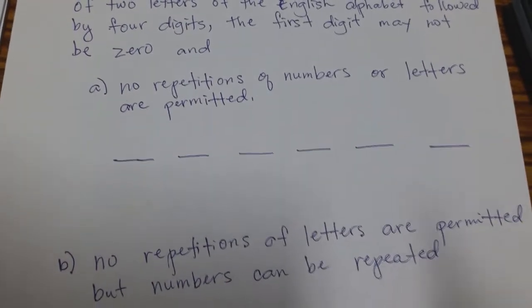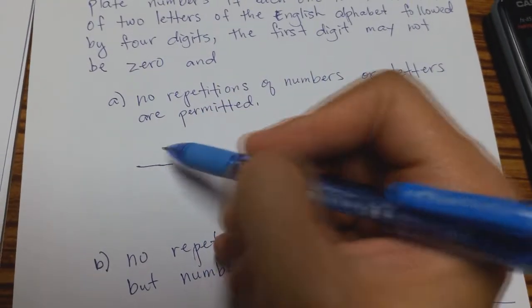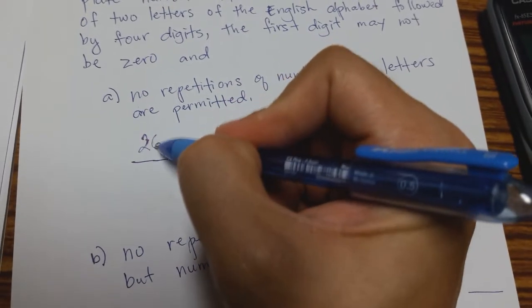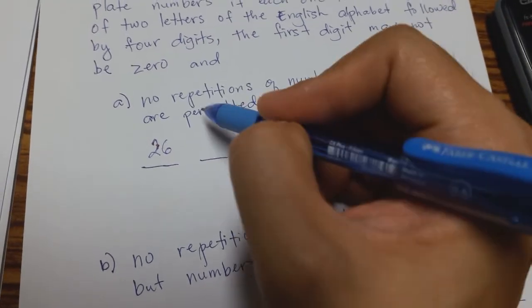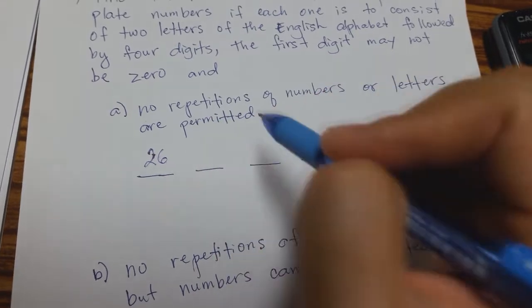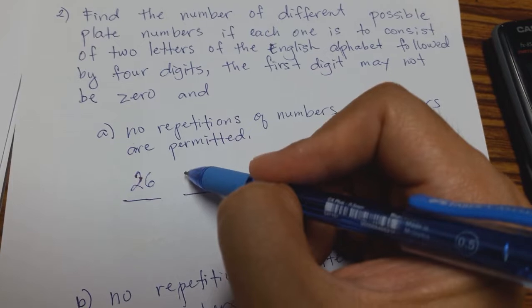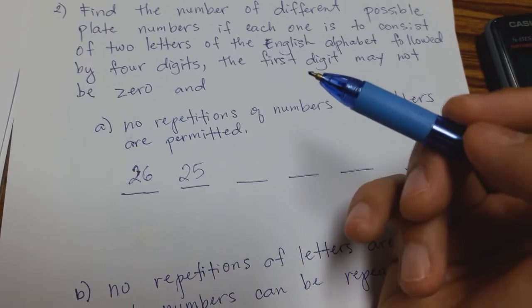Okay, so let us now solve the problem. No repetitions of numbers or letters are permitted. So again, at the first line, we have 26 options because we have 26 letters of the English alphabet. And since we cannot use it again, for the second line we have only 25 options.